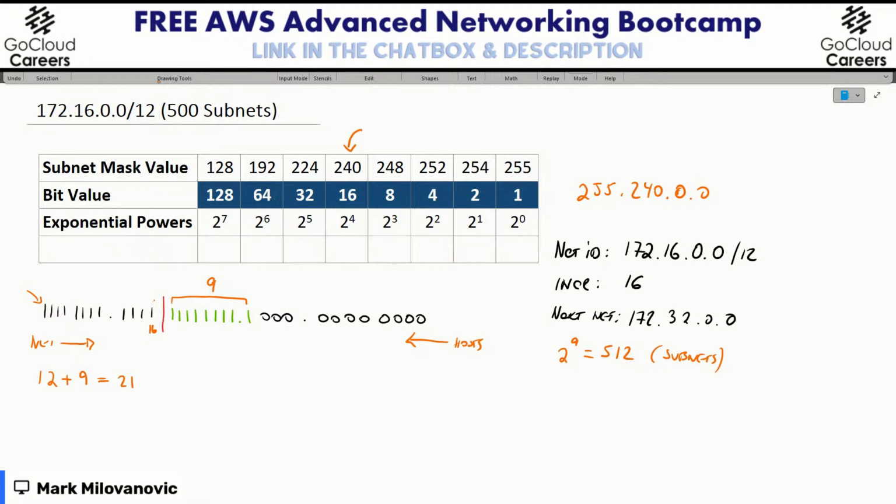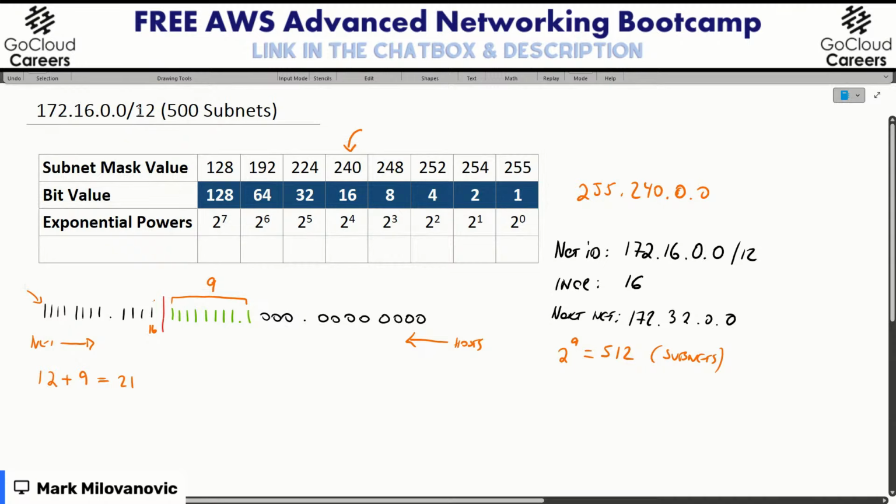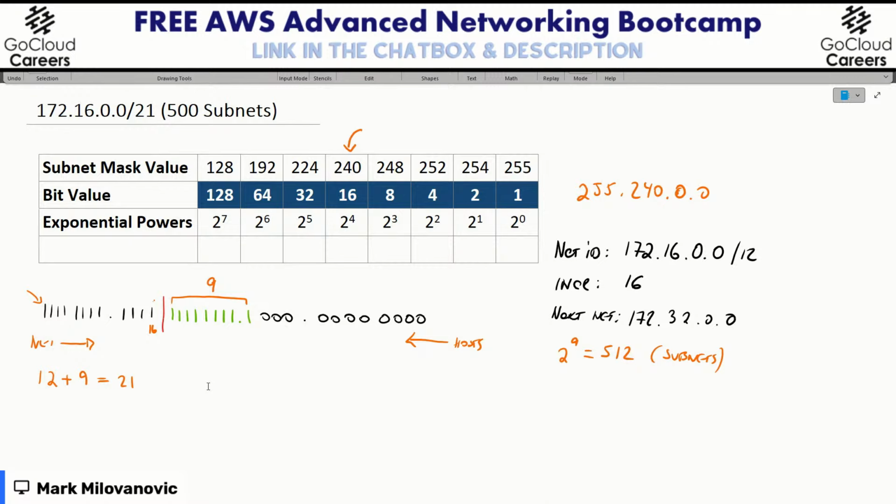So we have now a total of 21 bits that belong to the network. So I would have to go up here and change this to a 21. And that would be our new network prefix or prefix length or subnet mask of 21. And that is subnetting for a subnet requirement of 500 networks.